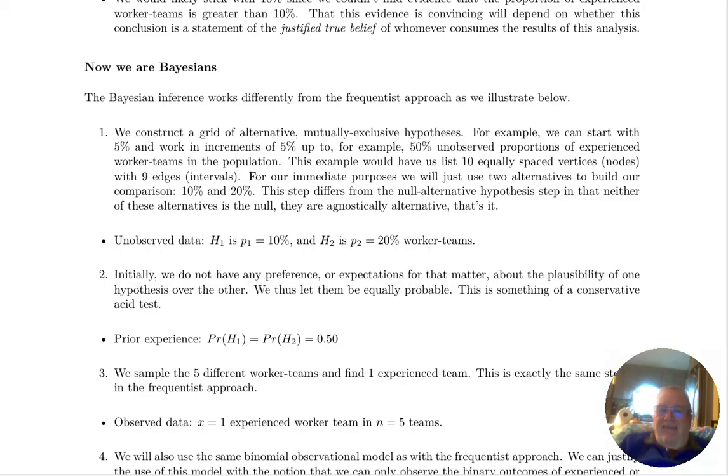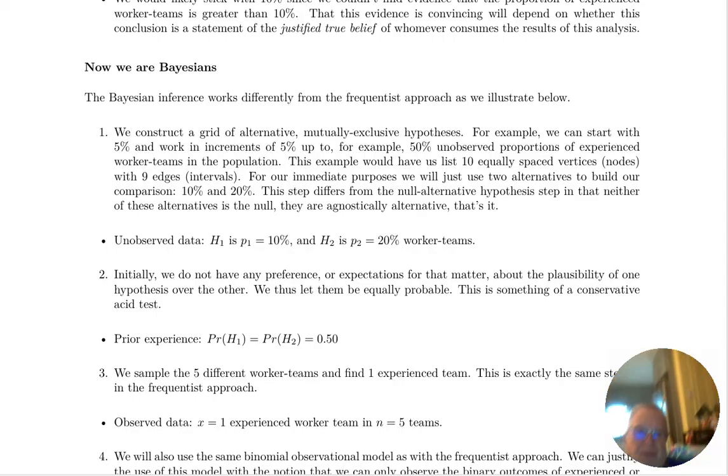And this is different than building a null and alternative. So we're going to call them H1 and H2. H1 will be that the binomial proportion is 10%, and H2 that the binomial proportion is 20% experienced worker teams. Okay, that's all. They're agnostically alternative.